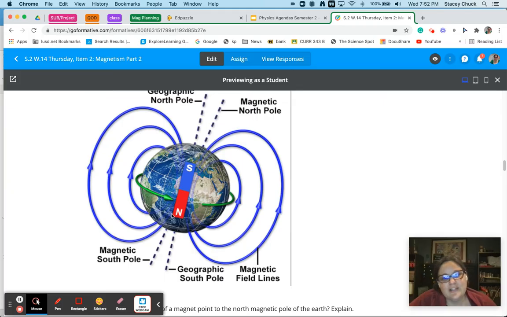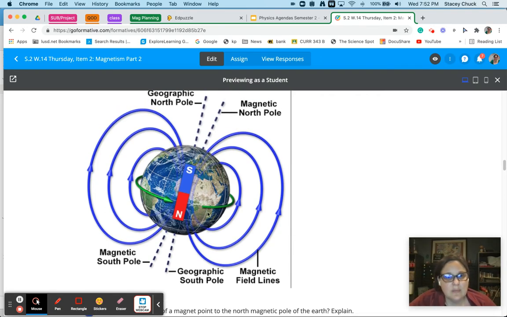But notice that the orientation of the magnet in the center of Earth here is south up, because a north-seeking needle pointing to the North Pole is actually going to be attracted to the south end of a magnet, which is why it's orientated this way. So I know that's super confusing, but essentially it was a mistake in the term when they named everything, because North Pole, north seeking, not initially realizing that the Earth is functioning as a magnet itself, and the fact that it attracts means it is actually the opposite, not the same pole.